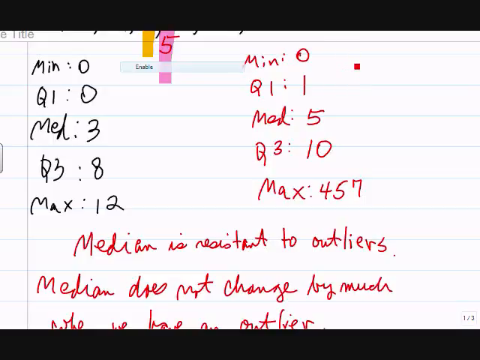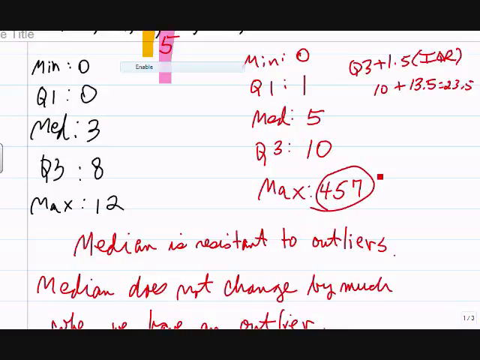So for this set, my Q3 plus 1.5 times the IQR is 10 plus 1.5 times 9, which is, what's 1.5 times 9? 13.5. That's 23.5. 457, yes, is greater than 23.5. It is an outlier.